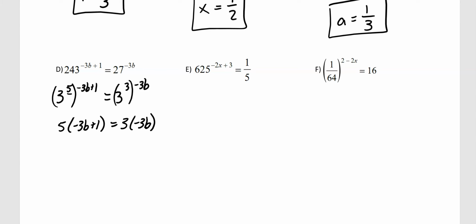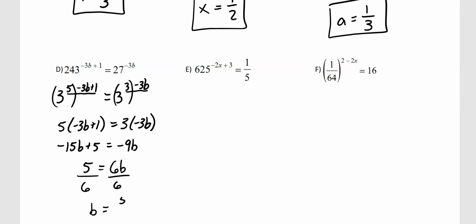Right, and I'm getting that from my exponents here. That's what I'm multiplying. So I'd have negative 15b plus 5 equals negative 9b. I can add 15b to both sides. So I have 6b, divide by 6, and I'd find b to equal 5/6.